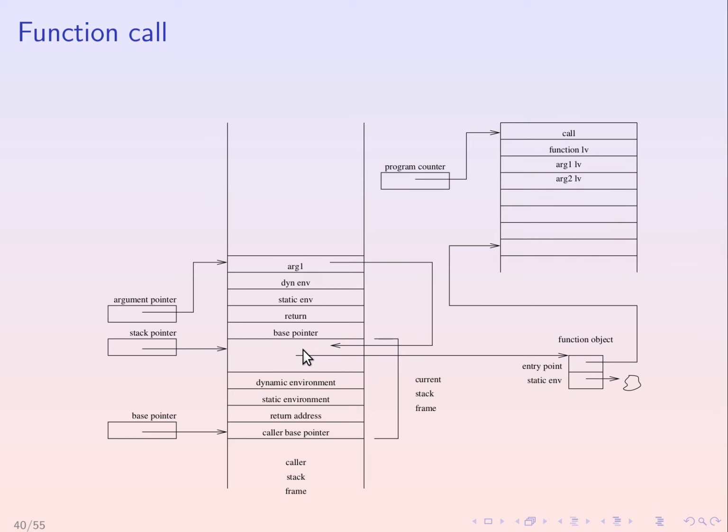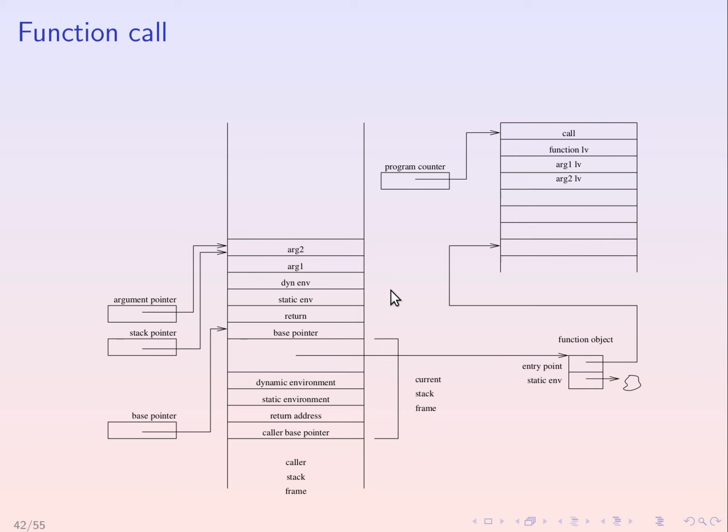We push the first argument. It's the value of a lexical variable. Same thing for the second argument. And now we link up the stack frame of the callee. That is, we create the initial stack frame of the callee, which is linked to our own stack frame. But now basically the current stack frame is that of the callee.